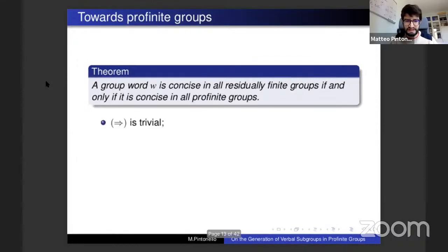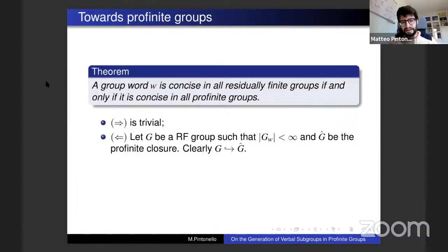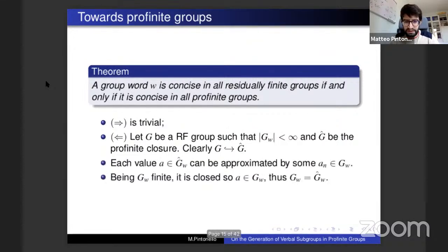To see this, it's really immediate. One implication is trivial, because profinite groups are residually finite. For the other, just assume that a word W is concise in all profinite groups, and G is a residually finite group where the word takes finitely many values. Just embed it in its profinite closure. We can do it because it's residually finite.